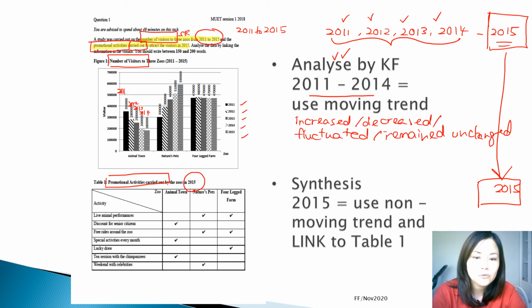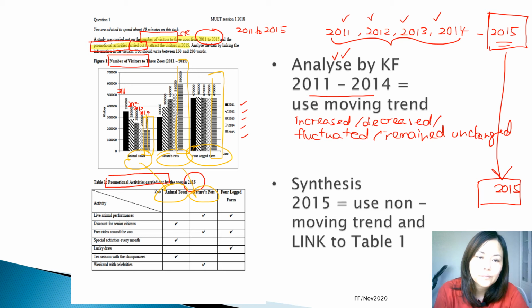Okay, you can look at the 2015 information later, because you can actually link what happened in 2015 to the table. Alright? Okay, so that is how you identify what to include.